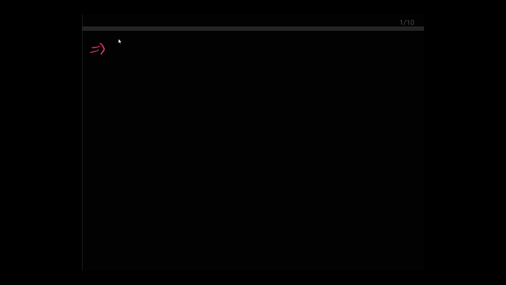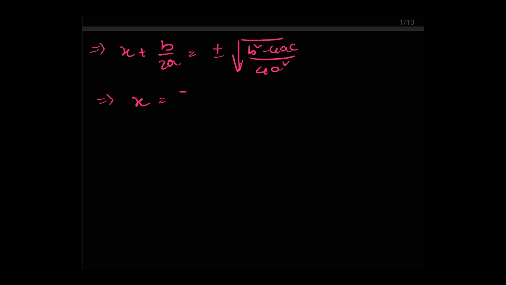That implies we get x plus b by 2a equals to plus or minus root over b square minus 4ac by 4a square. That can be written as x equals to minus b by 2a plus or minus root over b square minus 4ac by 2a.